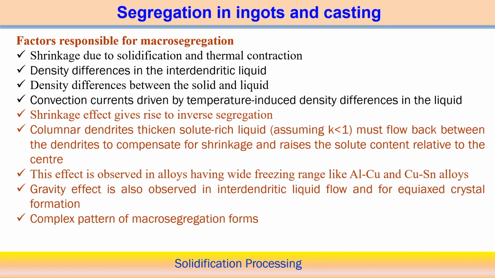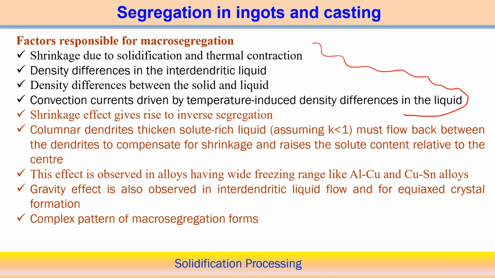We know that the densities of the solid and liquid phases are different, so temperature influences the change in density. That's why temperature induced density differences in the liquid phase also create convection currents, and this is also one of the factors for macro segregation. So these four factors are important to look at, and overall they create the macro segregation.